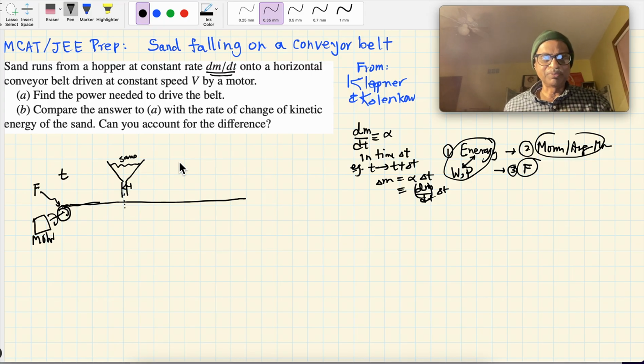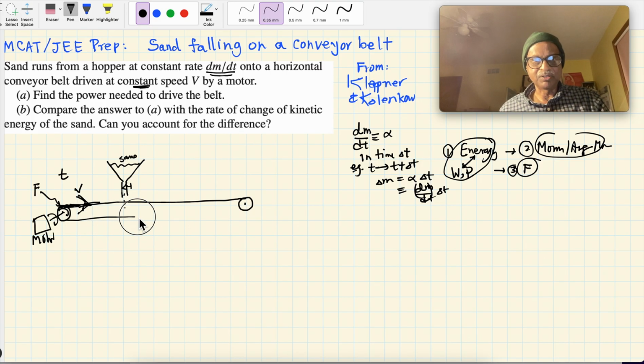And the belt rides on it. That's the force that's supplying, and the belt is moving at speed v, constant speed. Okay, so this is constant, and then of course the belt over there will be another roller, so it will wrap around there, and then it is going to return.